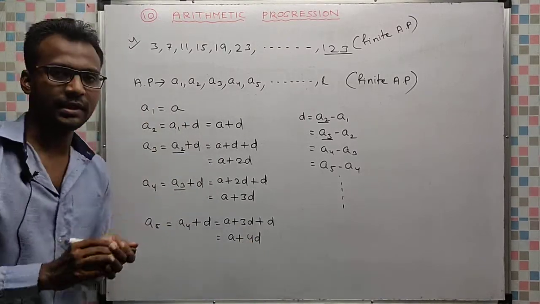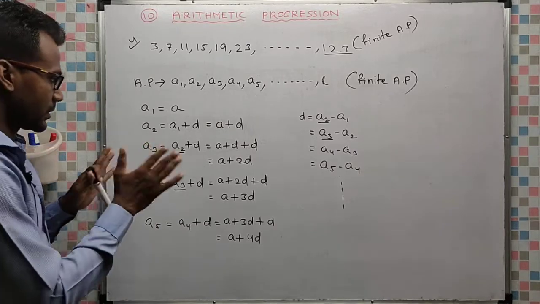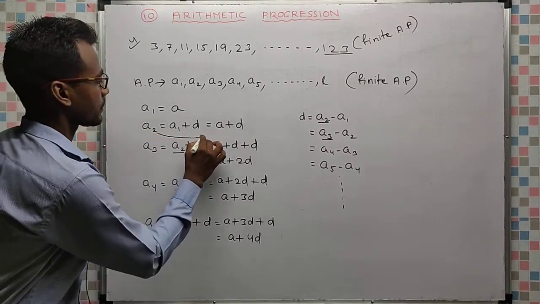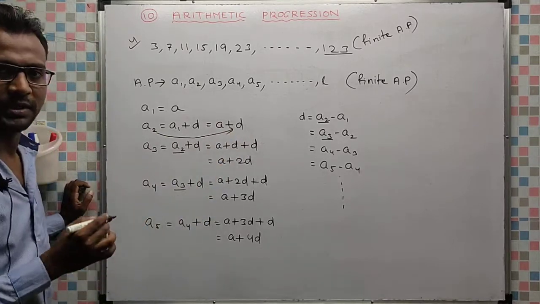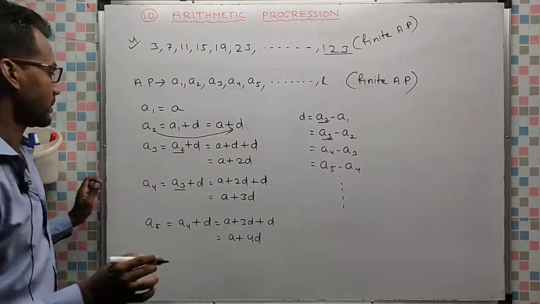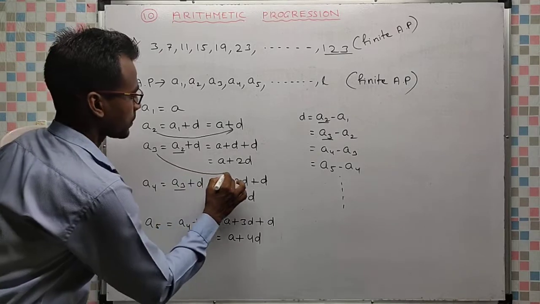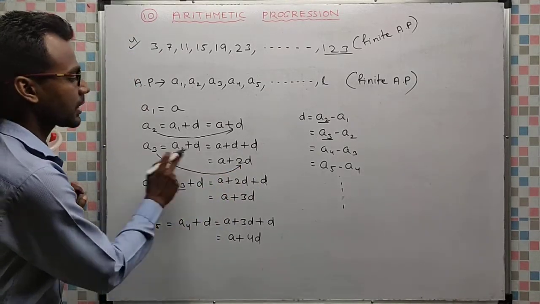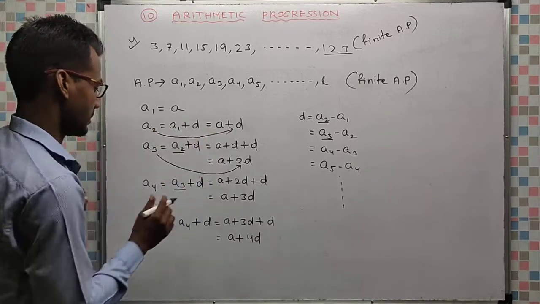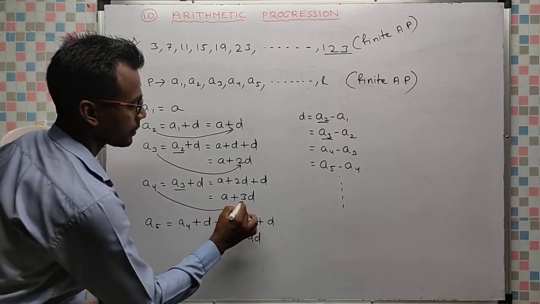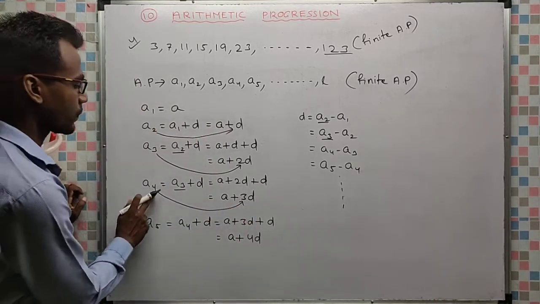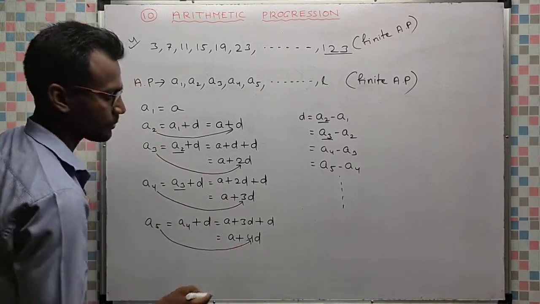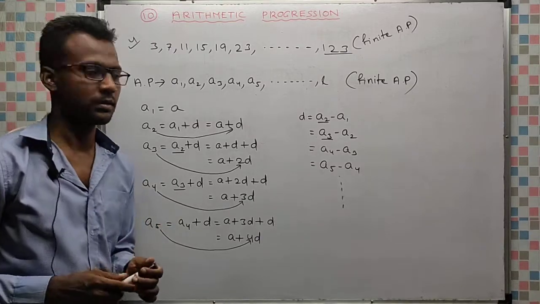Now try to understand the relation. A2 is equal to a plus d, which means a plus 1d. A3 is equal to a plus 2d. A4 is equal to a plus 3d. A5 is equal to a plus 4d, which means 1 less.